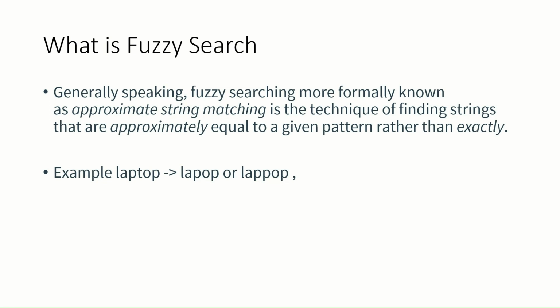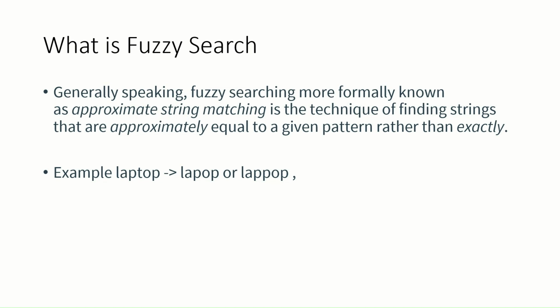So let's say you want to search for laptop and you miss the T out of it, or in place of T you put P. So the term becomes something like lapop or laptop. Still it will give you the exact result of the laptop. So this is called the fuzzy search.